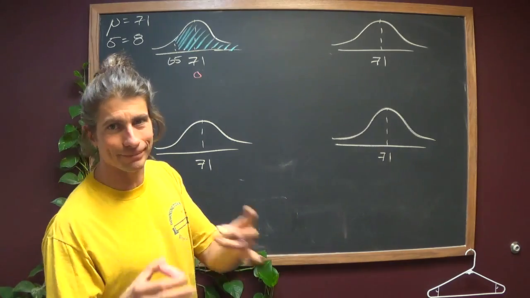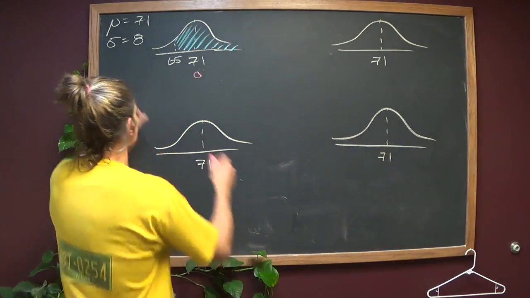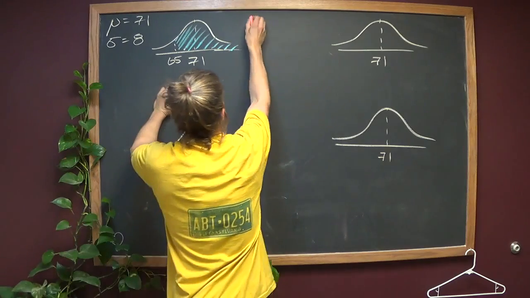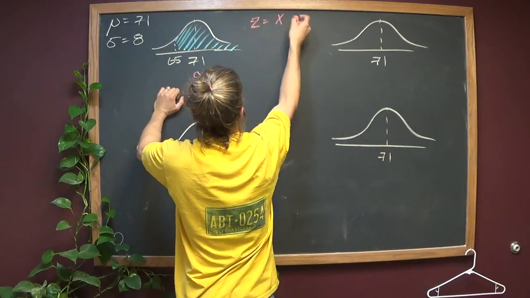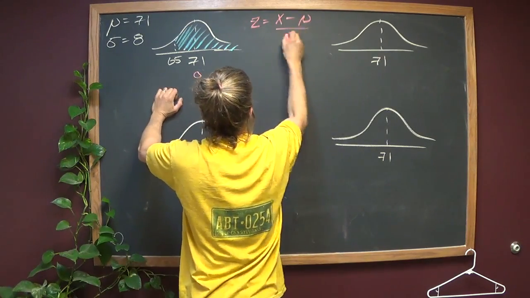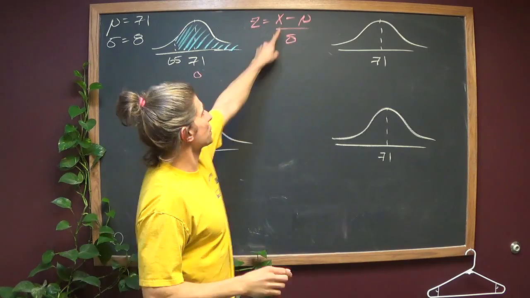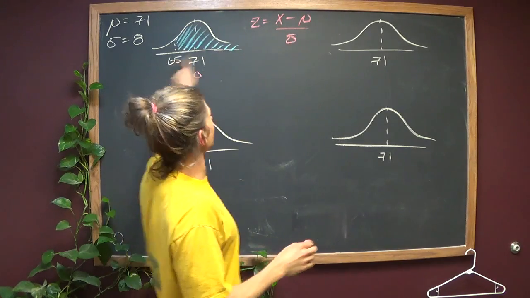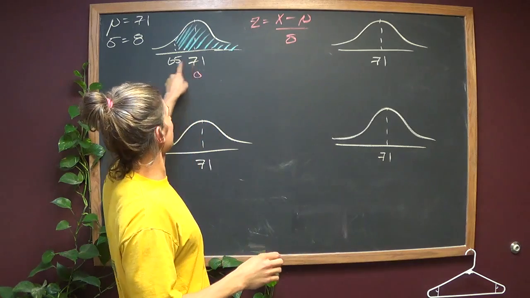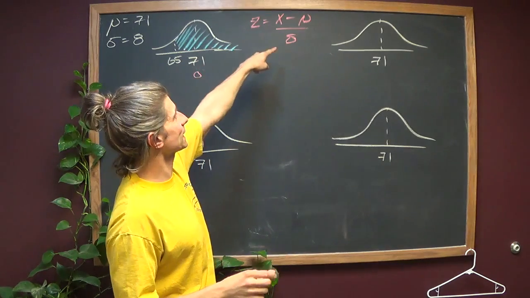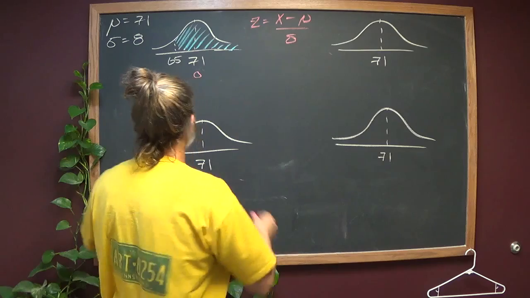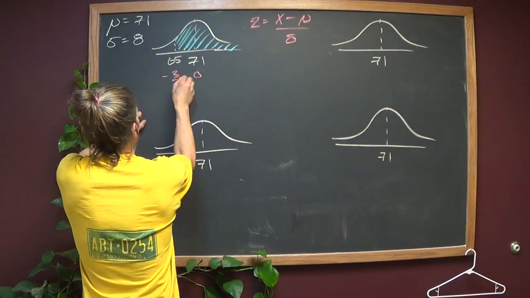In case that's not ringing a bell, your z-score formula is your raw data minus your average, over your sigma. So since x in this case is 65 and mu is 71, 65 minus 71 is negative 6, over 8, negative 3/4.